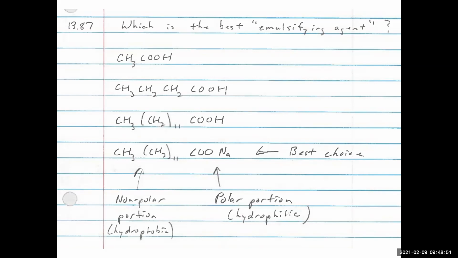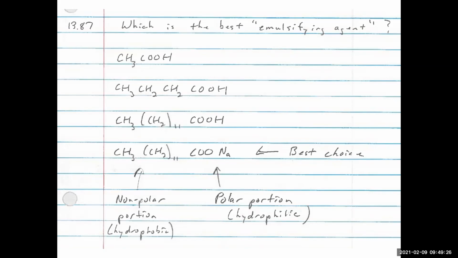We'd also like the ends to be away from each other, so that they don't conflict. The COOH is called a carboxyl group, and carboxyl groups, depending on the pH, will lose that hydrogen atom. We're not told anything about pH here, so we can't make any assumptions about what that carboxyl group is going to do.